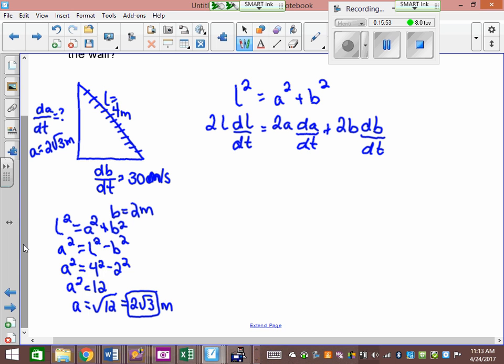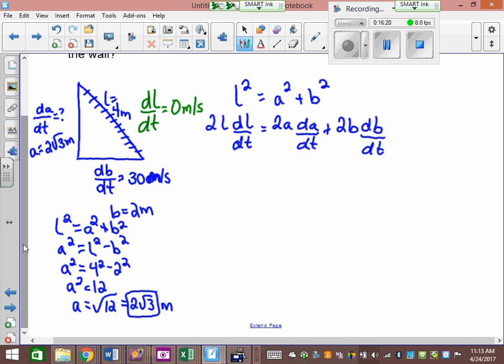It's not changing. So dL/dt equals 0. So if ever you have an object that is not changing, remember that its rate of change is nothing because it's not changing. That's where people err.